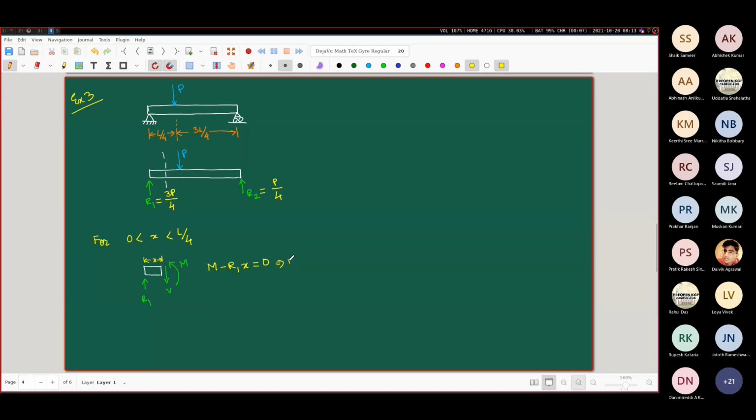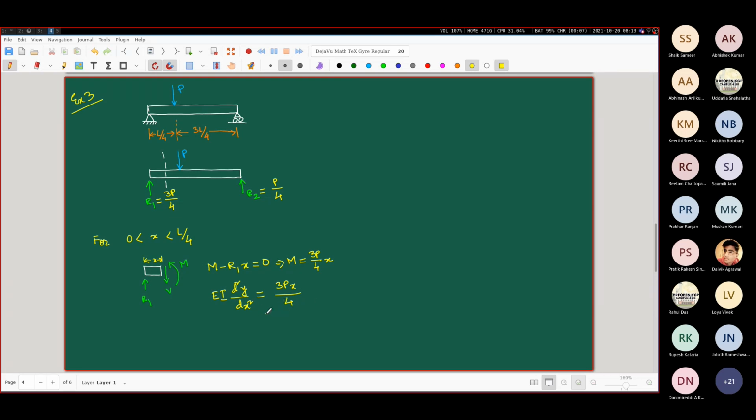So from here, I obtain M is equal to 3P by 4 x, which means that with regards to my equation, the concerned expression on the right hand side is going to be, so I have EI d square y dx square is equal to M. The M expression is this, so I just substitute it here and I can go on to solve this equation.